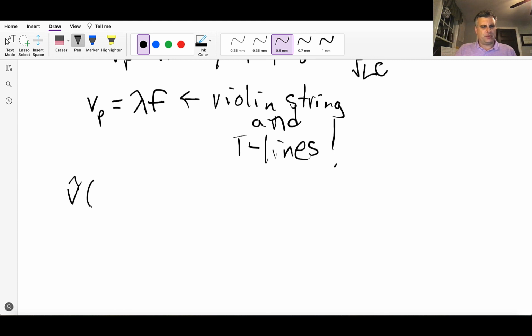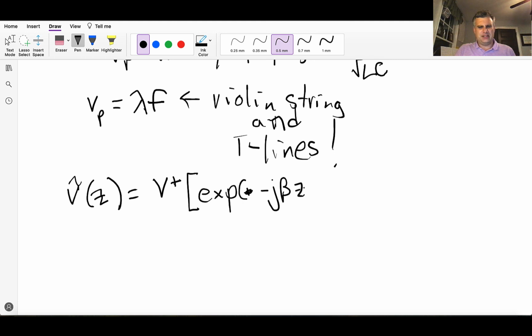First of all, for the voltage waveform, we said on a transmission line with 2 open circuits on either end, we're going to have the exact same V plus amplitude as the forward and the backwards propagating wave, which means what we're left with is exp to the minus j beta z and plus exp to the plus j beta z.